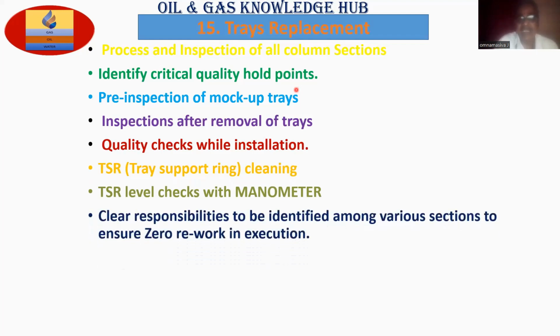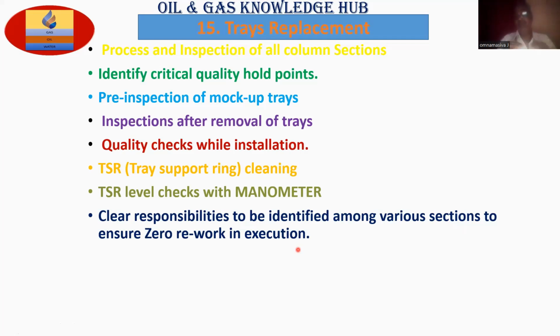Clear responsibilities are to be identified among various sections to ensure zero rework in execution. Try to understand. During the execution, you say, I forgot this, oh my God, I had to go back and redo it again.